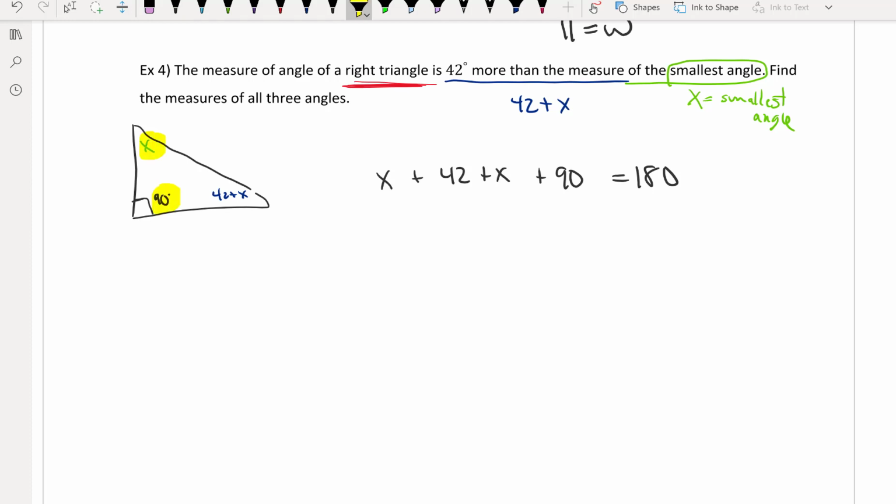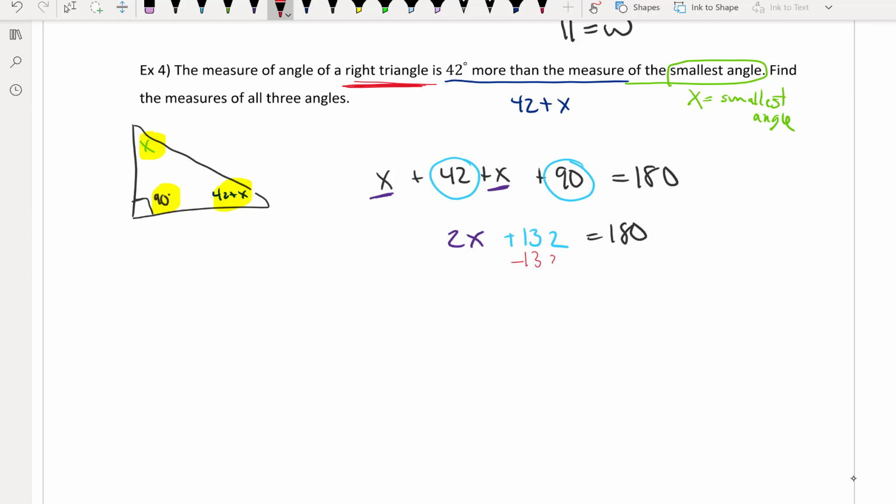Again, I'm adding all of these angles together, since when I add them all together, it should equal 180. So I have two X's, and I also have a 42 and a 90 that I'm going to add together. So 42 plus 90 is going to give me 132, and all of that is equal to 180.